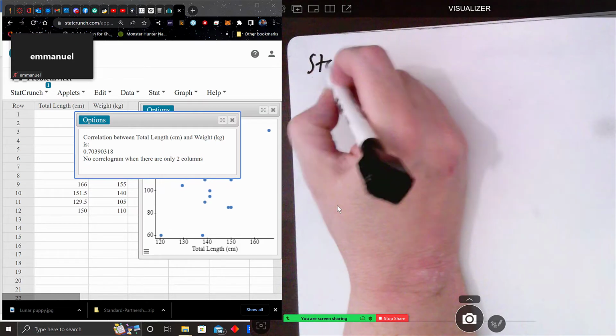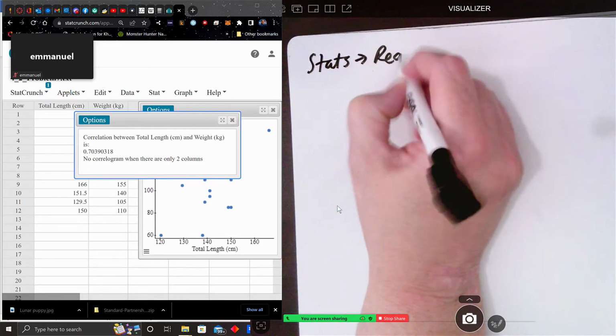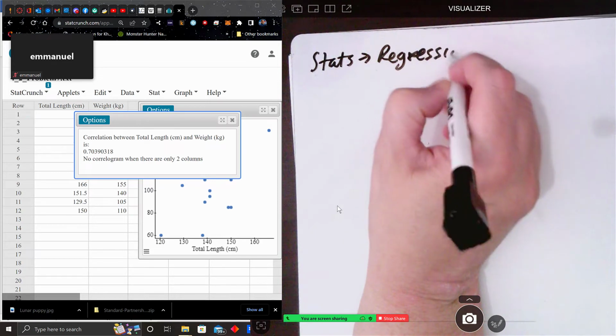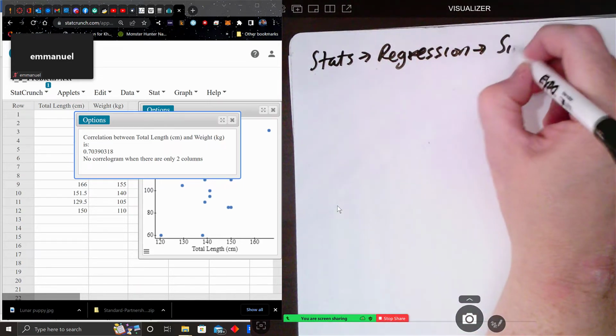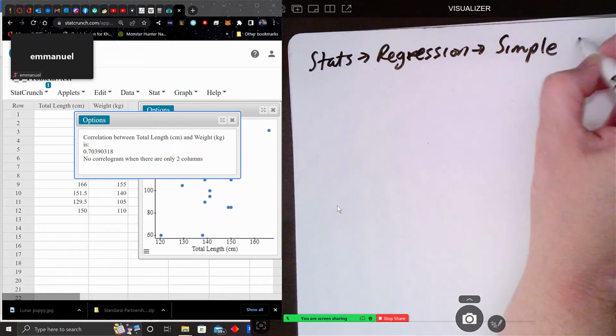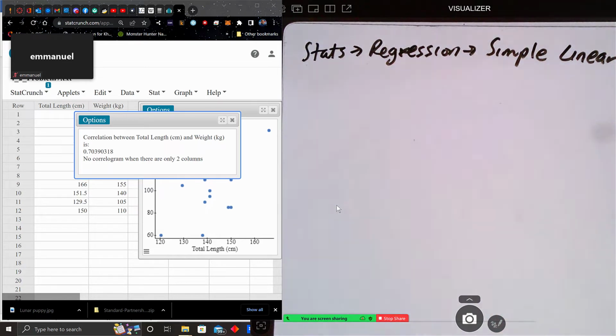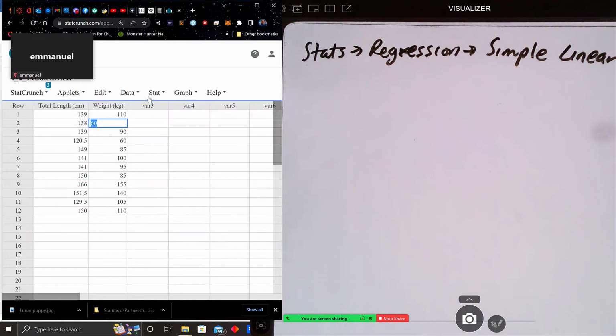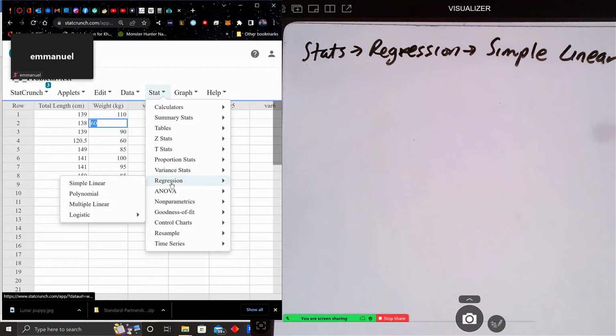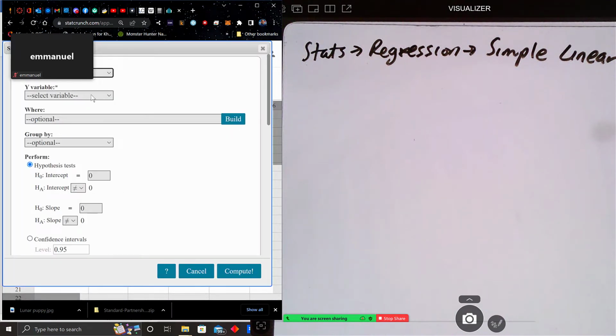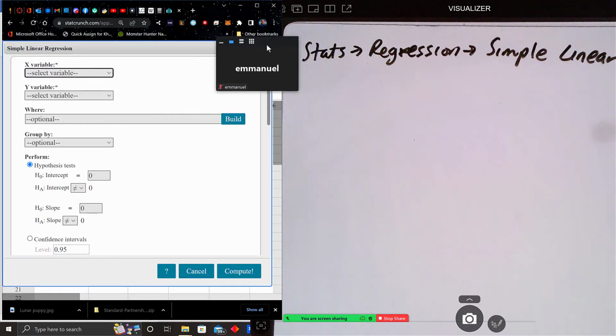So stats, regression, simple linear. Okay. So when you click on it, it gives you a lot of information. But we still got to tell it where X is and where Y is.